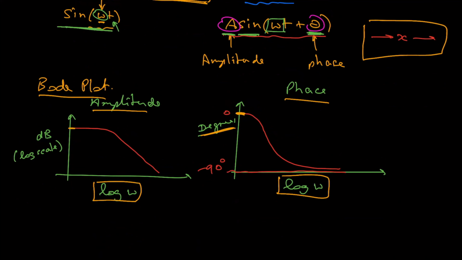If you look at the amplitude, it decreases rather slowly and then suddenly drops. This drop is actually very rapid because we're on a log scale, so it is basically exponentially dropping once it starts losing amplitude at higher frequencies. Remember, these are high frequencies here, low frequencies here. So at very high frequencies, the amplitude drops.